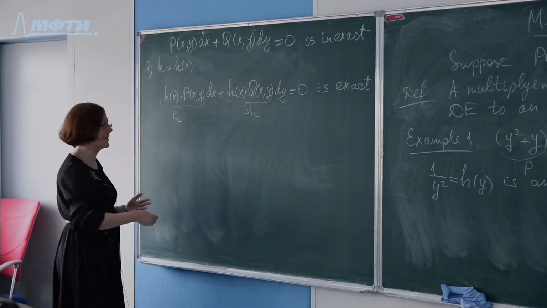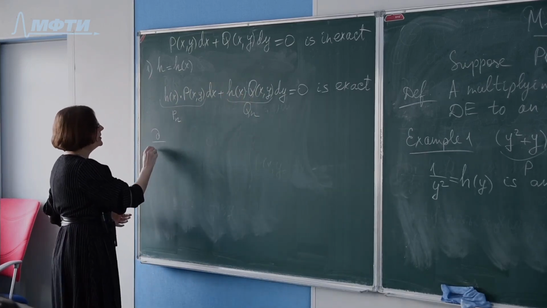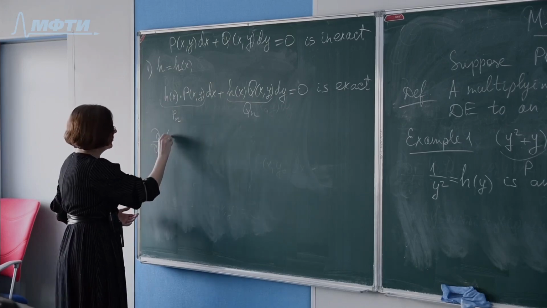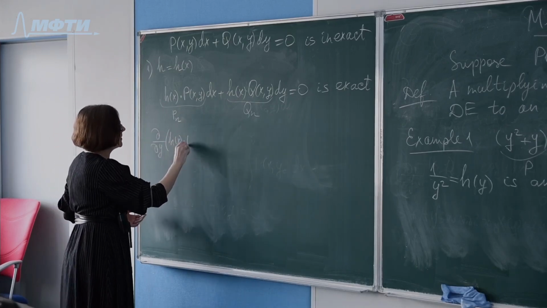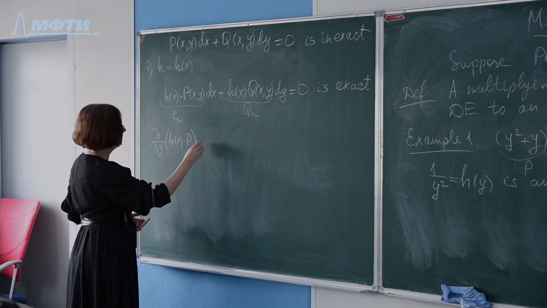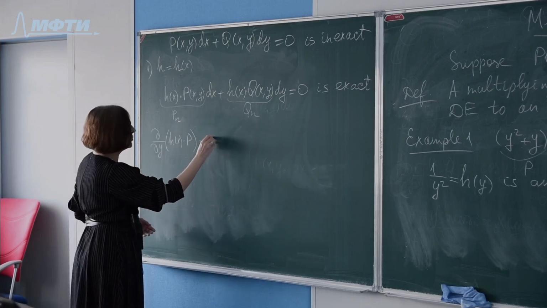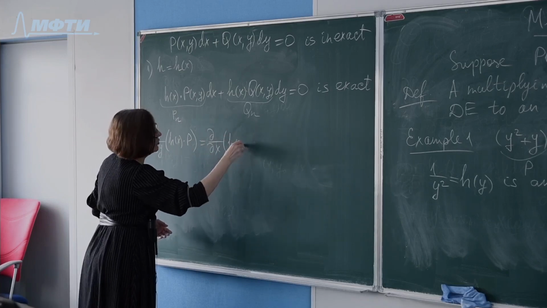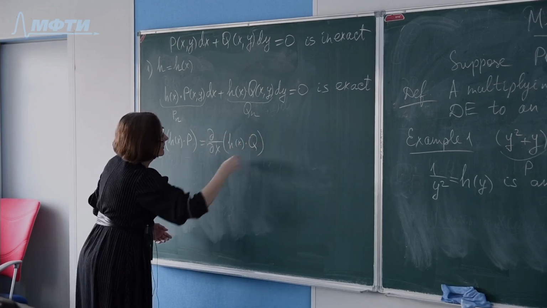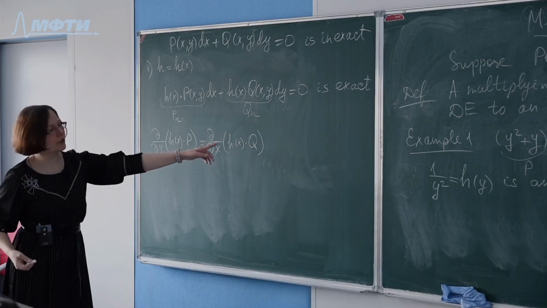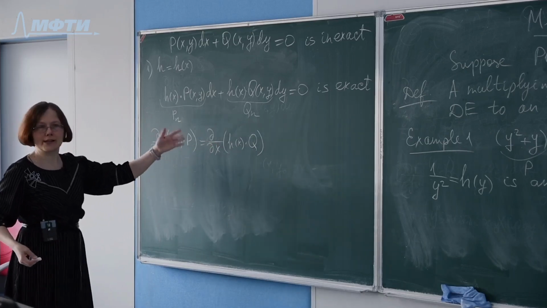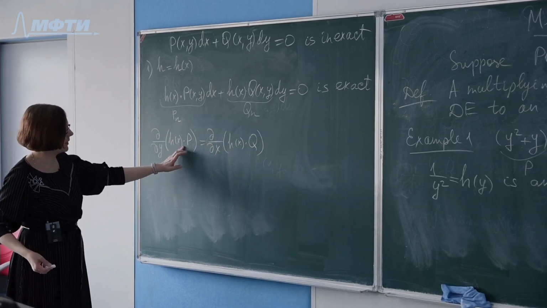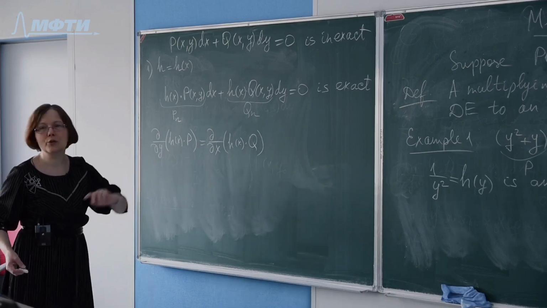Let's differentiate. Let's find it. d over dy of h of x times P must be equal to d over dx of h of x times Q. So P and Q depend on both x and y, but h depends only on x.